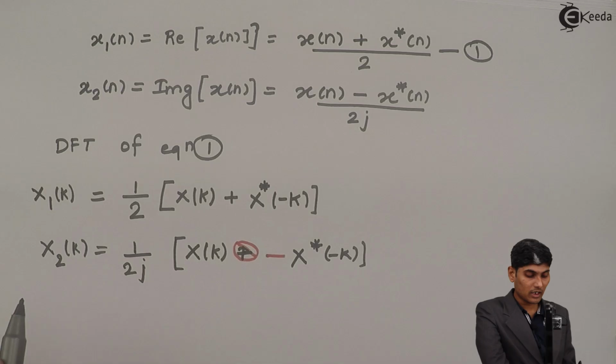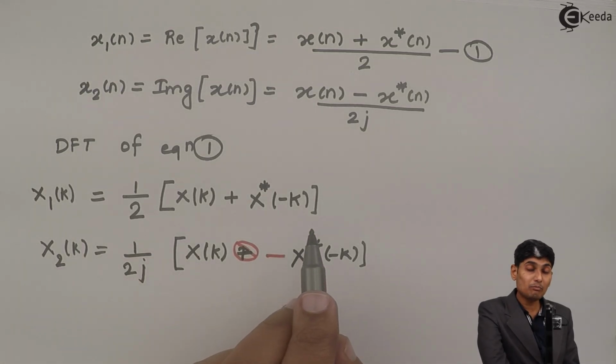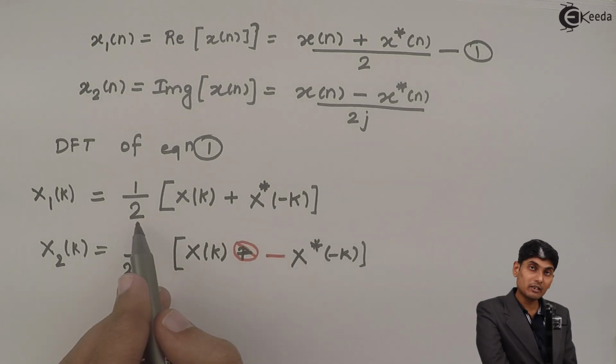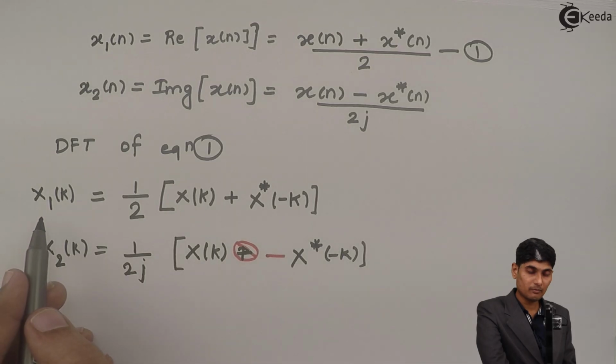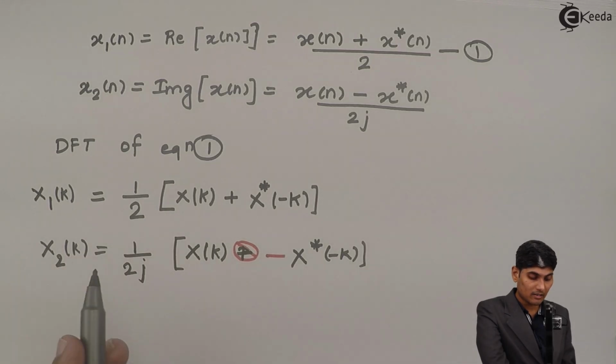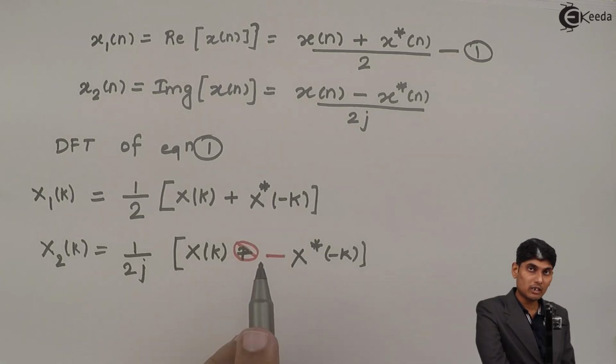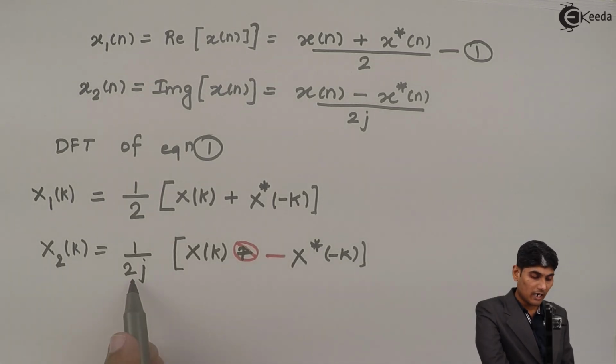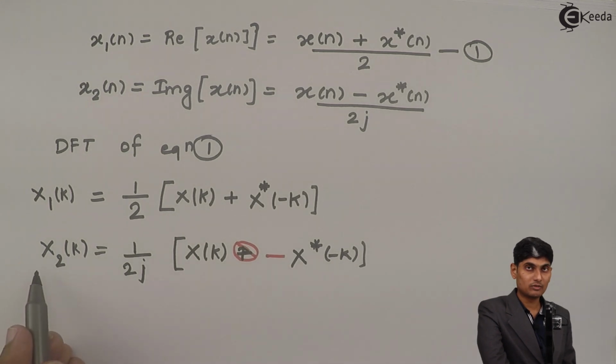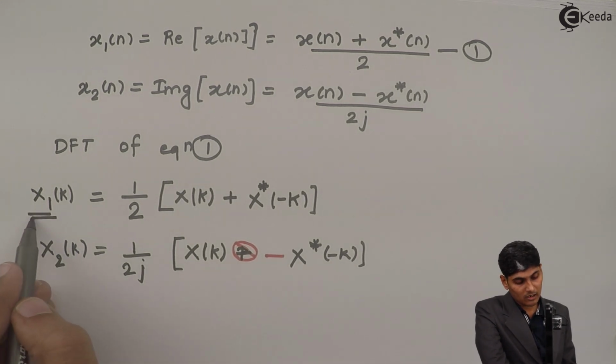So x1 of k and x2 of k can be derived from x of k by simply adding, conjugating, mirror imaging, and dividing by 2 will give me x1 of k. In the second case, taking x of k, conjugating, mirror imaging, subtracting and dividing by 2j will give me x2 of k. Let us find what is x1 of k.